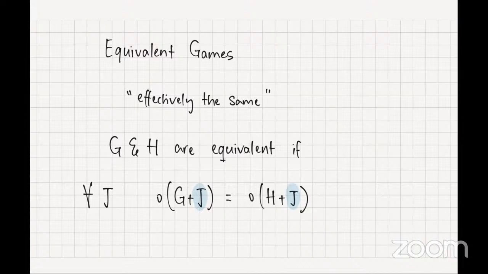And notice, for example, that all the games that the other player wins are in this sense equivalent, right? This is something that we saw yesterday. If you remember, we said if you have an other player win combined with a current player win, the combined game is a current player win.